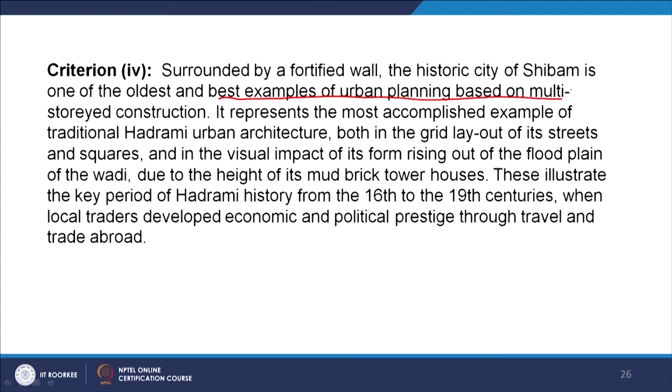It represents the most accomplished example of traditional Hadrami urban architecture, both in the grid layout of its streets and squares, and the visual impact of its form rising out from the floodplain of the Wadi. This whole form indicates the key period from the 16th to the 19th century, where local traders developed economic and political prestige through travel and trade abroad.